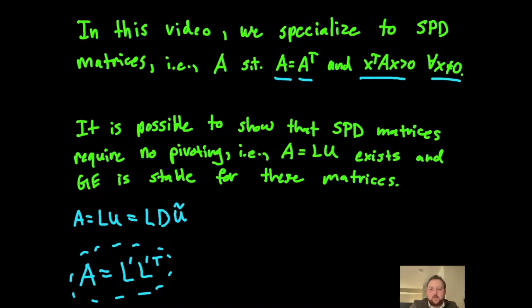That's called the Cholesky decomposition. I can take an SPD matrix and factorize it as a lower triangular matrix times the same lower triangular matrix transposed. But how could I get there from just the LDU factorization?